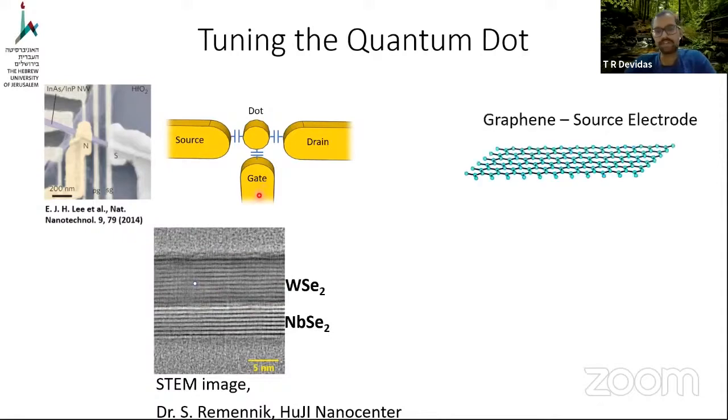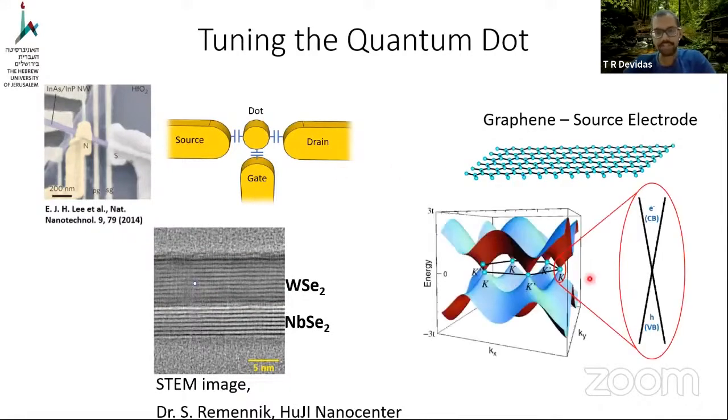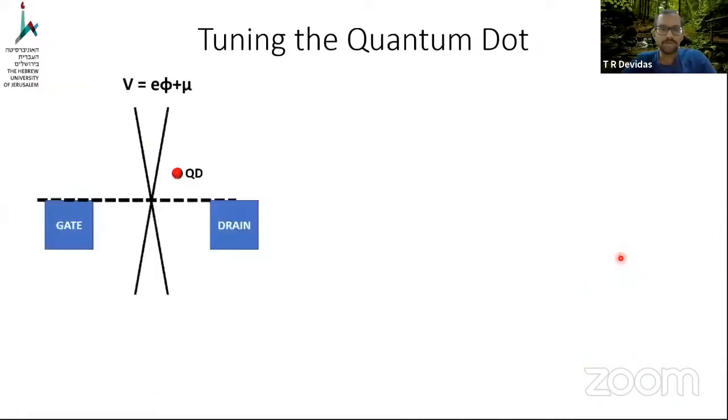What we resort to is using graphene. Graphene, with its unique band structure, helps us to tune the dot. How does it happen? Let's take a look at the mechanism. So assume you have a quantum dot, which is at a distance from a monolayer of graphene. The dot's chemical potential is defined by its own environment.